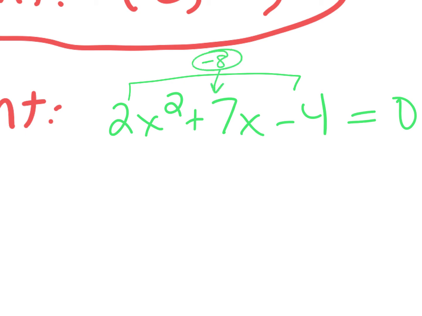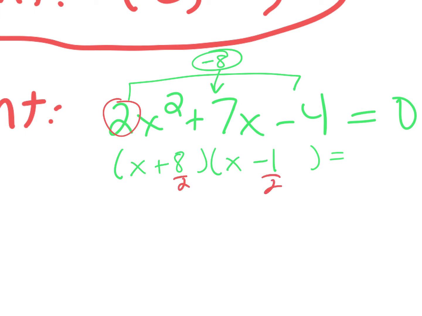What are the factors of negative 8 that multiply to give you negative 8 but add to give you 7? X plus 8 and x minus 1. Agreed? Divide both by 2. So I get x plus 4, and this becomes 2x minus 1 equals 0.